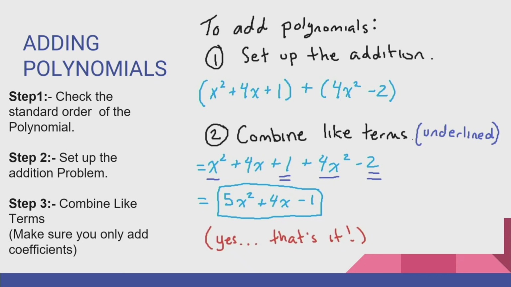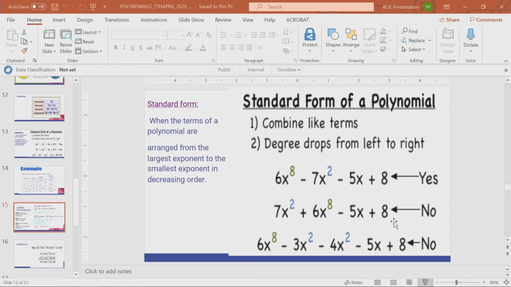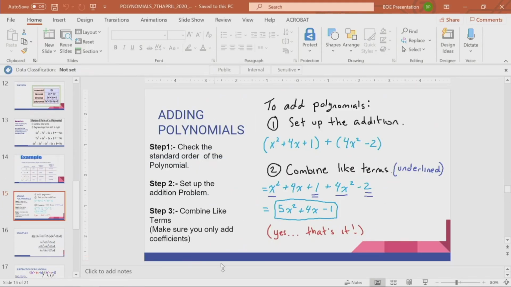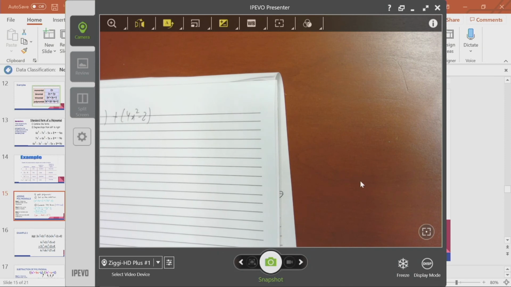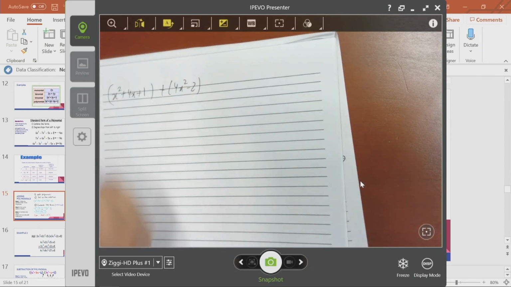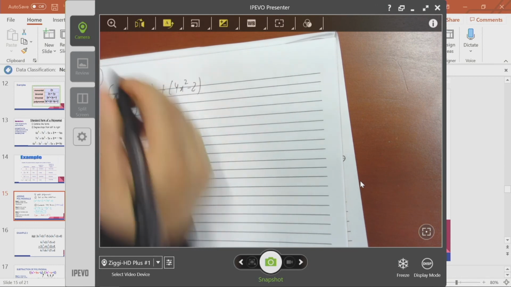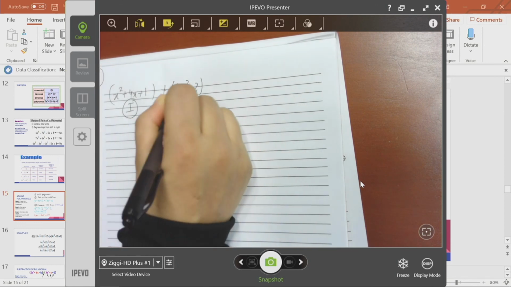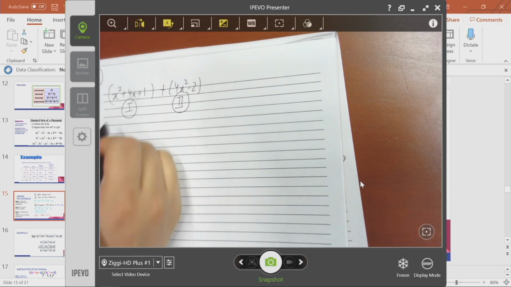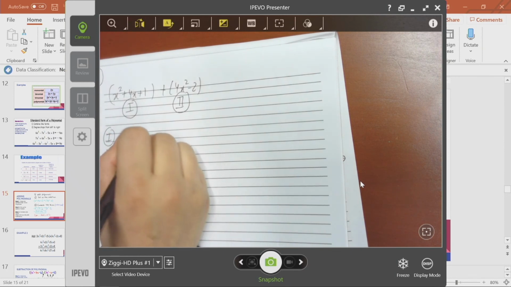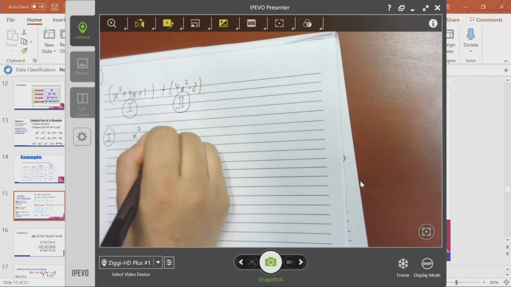So let's take an example and set up an addition problem. So this is our first example. We will break this problem into two parts because we have to add them. So let's check the first part. Our first part is x squared plus 4x plus 1.